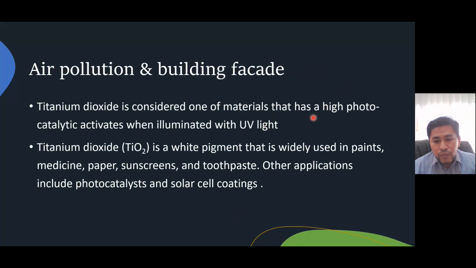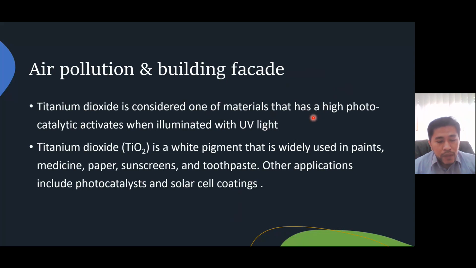When exposed to sunlight, it will react with water to generate hydroxyl radicals, which break down organic molecules and microbes that absorb on the surface.